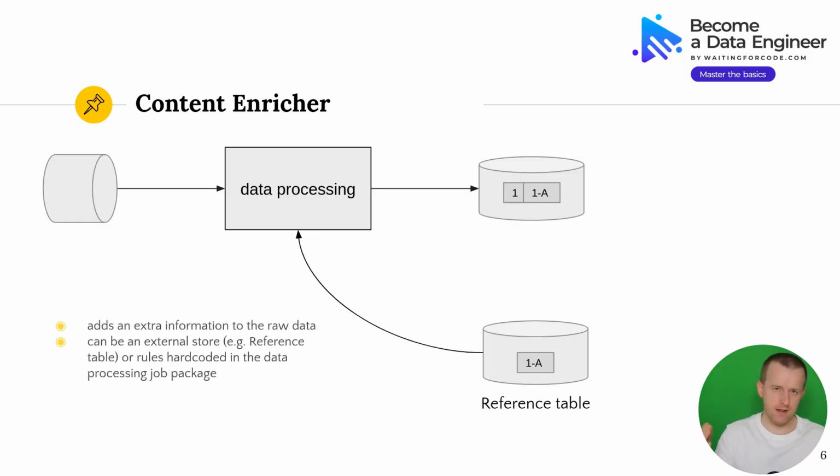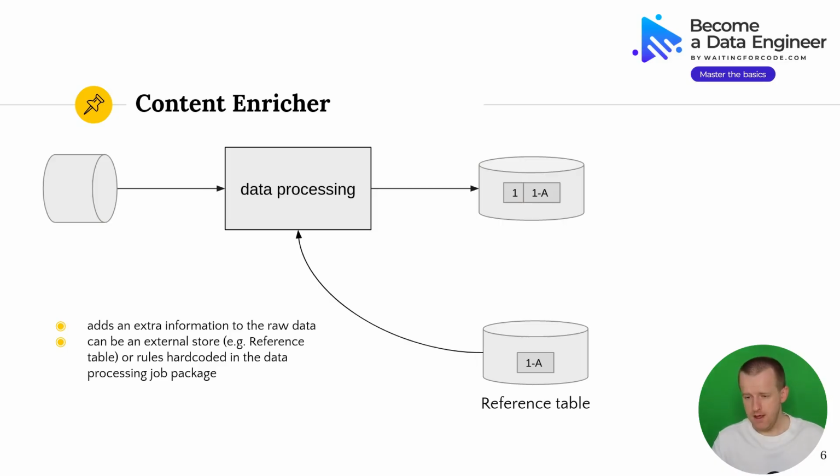So here the goal is to add the extra information, of course, and this extra information can come from an external storage, aka reference data table, or it can also be a rule hard-coded in the data processing job package, but of course it's less flexible because each time you will need to redeploy your job.